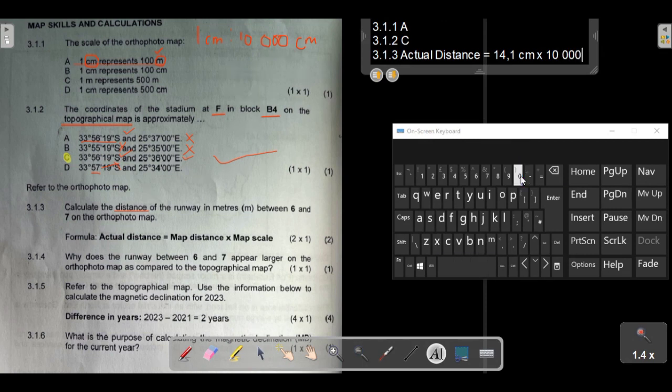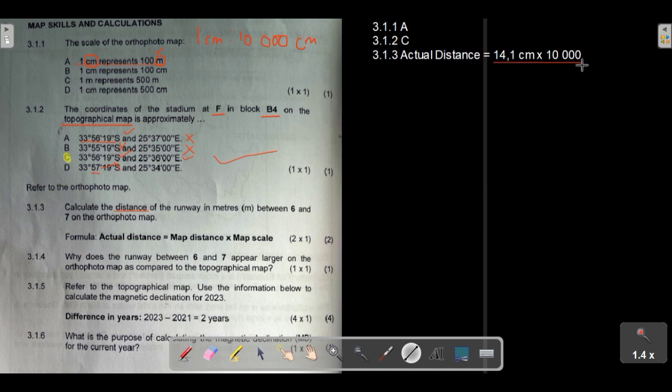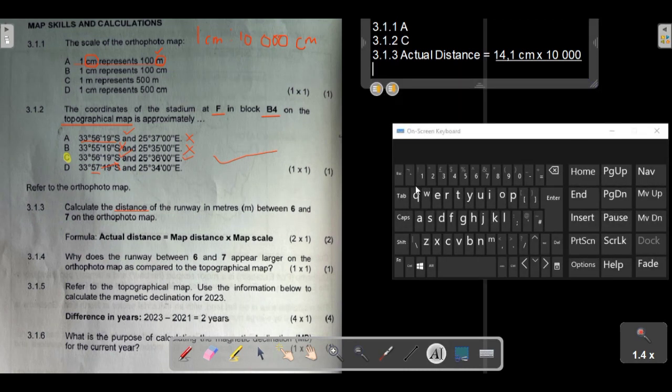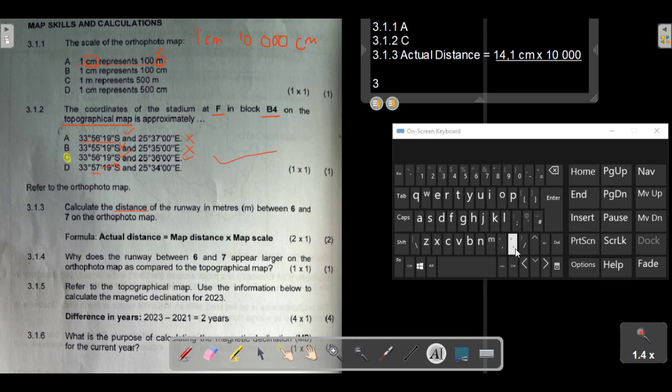So multiply this by 10,000, and then we divide all of that by what conversion factor, guys? When you are moving from centimeters to meters, what do you divide by? Of course you divide by 100, right? So we divide by 100 then.